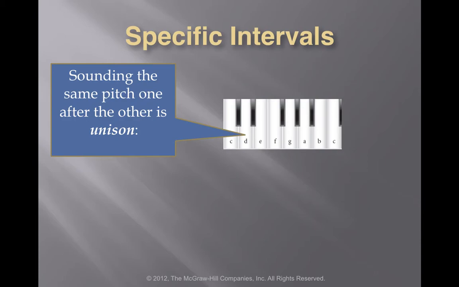If pitches are exactly the same, then that interval is pretty much zero. We call that a unison sound. If pitches are the same, but they are what we call an octave apart, that means that the vibrations of the frequency is twice as fast as the lower note.